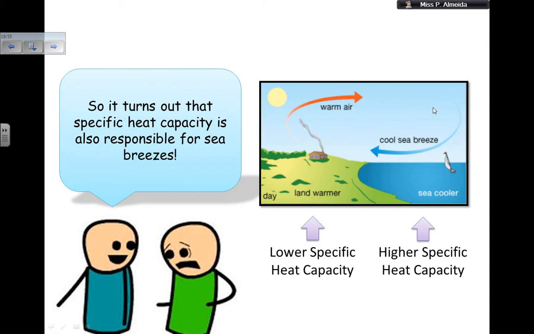Now, as you know from physics, this is going to create a convection current. So it's going to make a movement where the hot air rises, because that part of the air loses density. Particles are further away from each other, so it rises. And then, as it rises, the cool sea breeze is going to replace the hot air, okay?